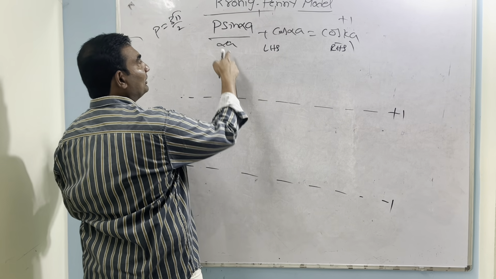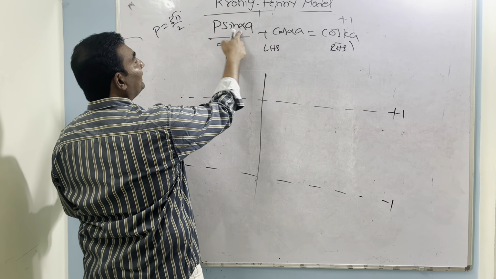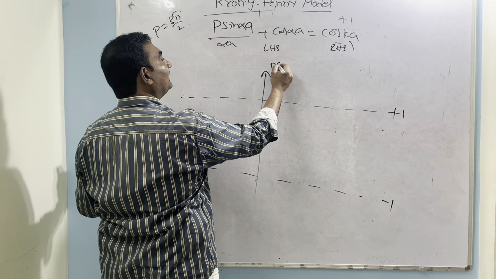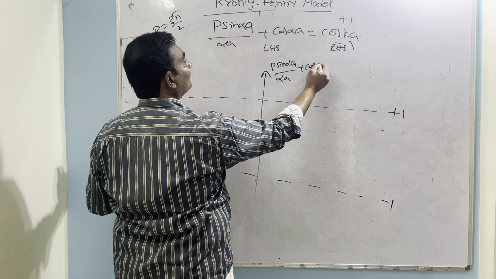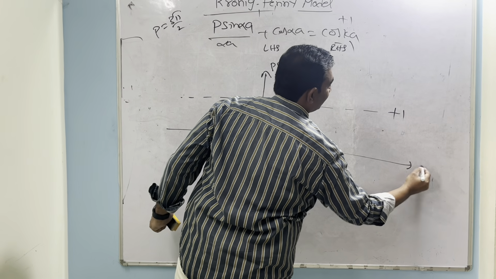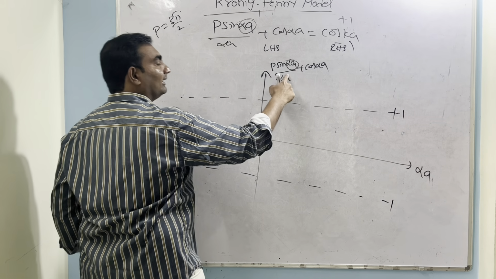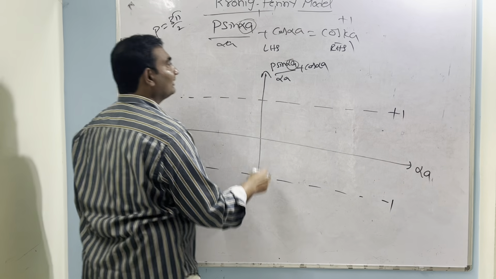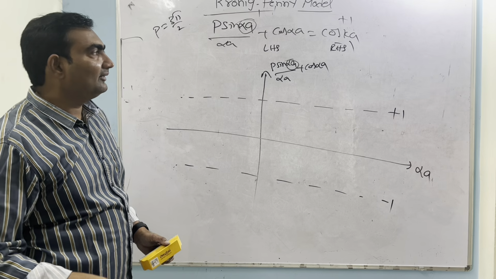Now what I am doing is I am drawing a graph between P sin alpha A by alpha A plus cos alpha A versus alpha A. Alpha A is taken along the x-axis, and P sin alpha A by alpha A plus cos alpha A is taken along the y-axis.